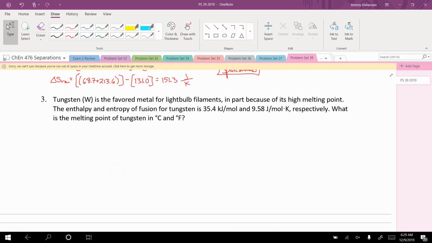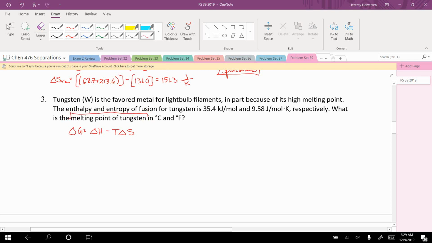Okay, so if you remember, we have delta G equals delta H minus T delta S. And it asks, what is the melting point for tungsten?